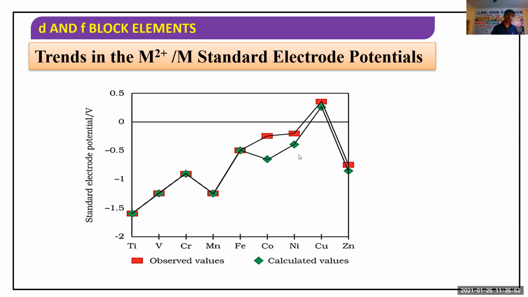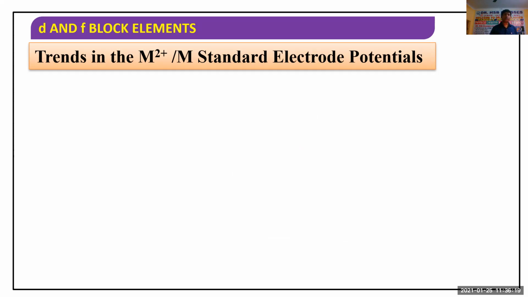Why is that, and why does this difference occur? Actually, it is due to the unpaired electrons and their stability, that is the exchange energy. For the exchange energy, the stability may vary with the number of unpaired electrons.